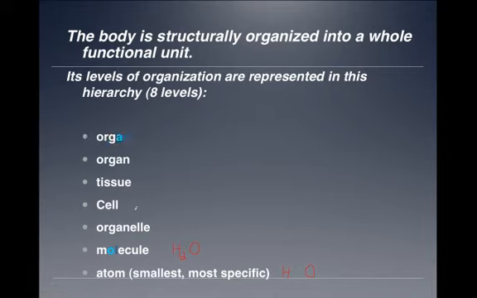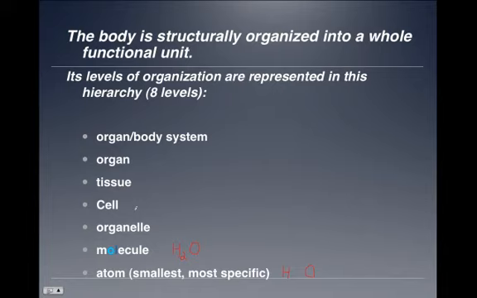And then, of course, we can put organs together that work for a common function, and these would make up our organ systems. So, for example, the digestive system consists of many organs that are working together for this common function.